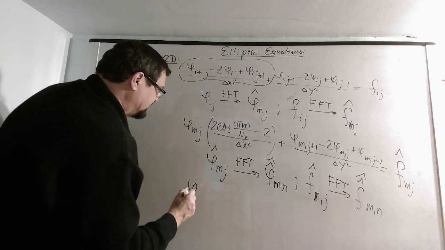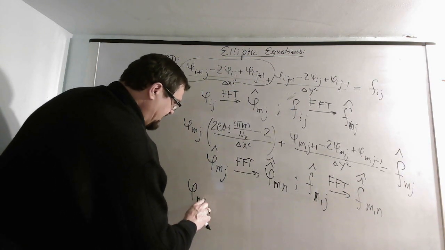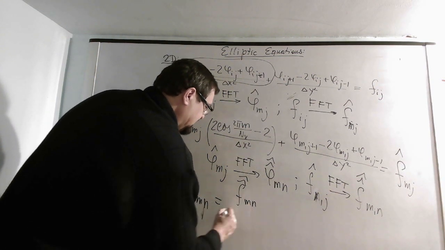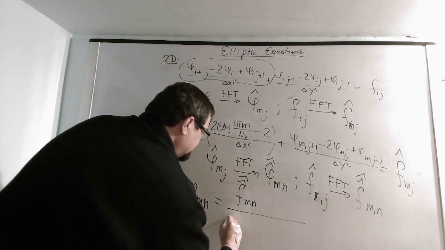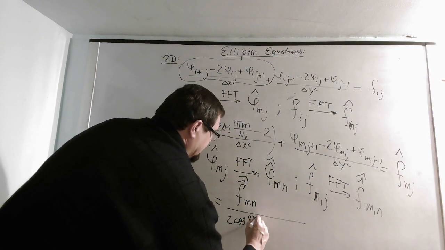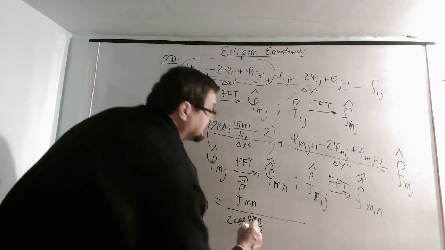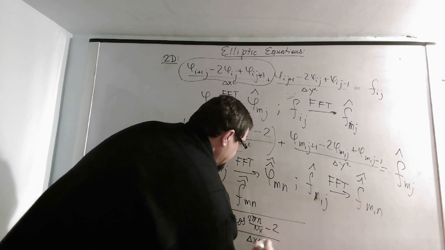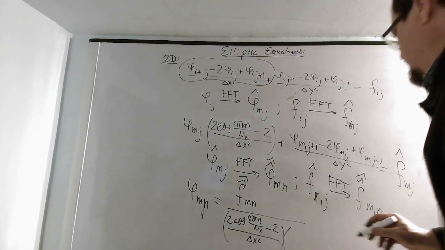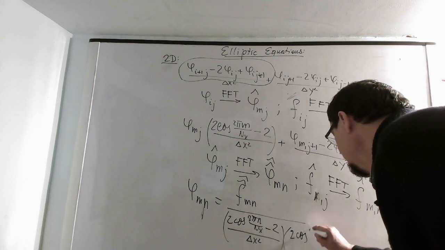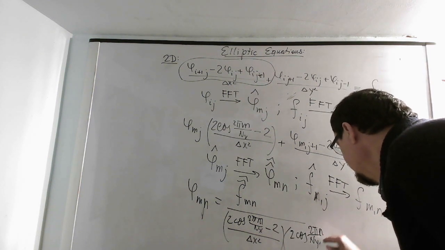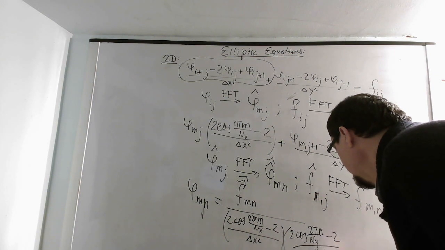So you have the equation that phi double hat mn equals f double hat mn divided by this product: 2 cosine 2 pi m divided by nx minus 2 divided by delta x squared, times 2 cosine 2 pi n divided by ny minus 2 divided by delta y squared.